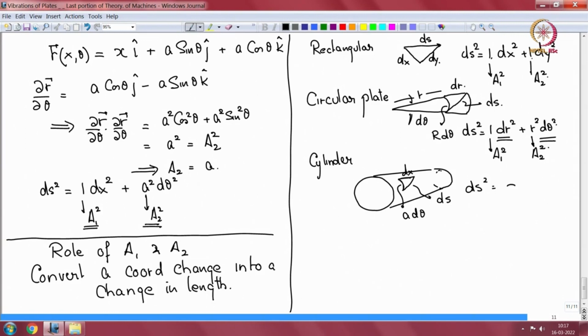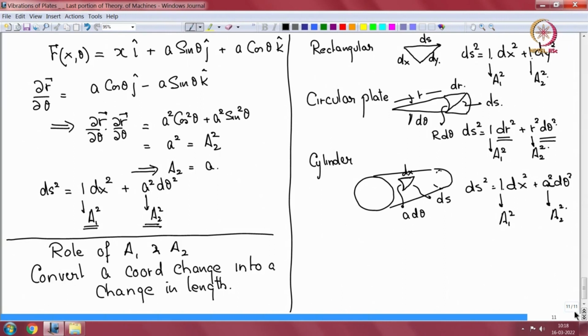So it is dx squared plus a squared d theta squared. There is a 1 here which becomes A1 squared, and this is my A2 squared. So here also A1 and A2 convert a coordinate change into length.